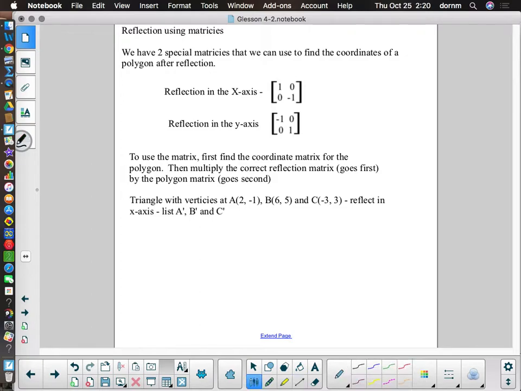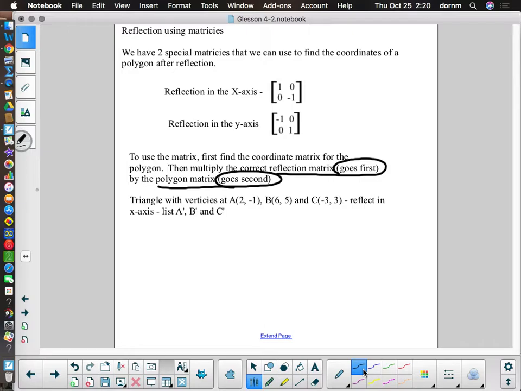But when we do reflections with matrices, we always multiply the reflection matrix times the coordinate matrix. The reflection matrix must go first. The polygon coordinate matrix goes second. Why? Because of a dimension thing. If you go back to 40B, when we talked about multiplying matrices, we talked row times column.